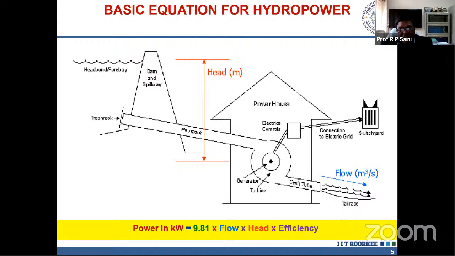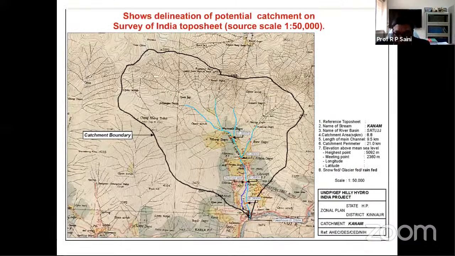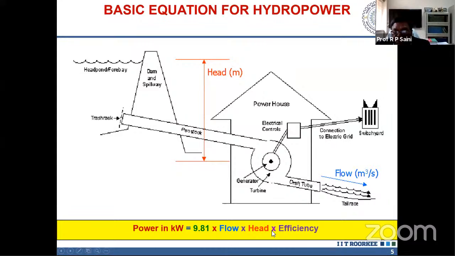If somebody asks you how you will estimate the hydro potential, you can say that ideally it is 9.81 into Q into H, where H is the head. How much you will get depends on the efficiency of the system.